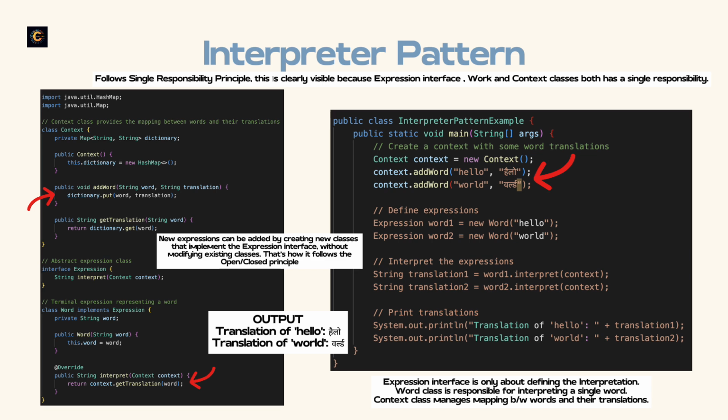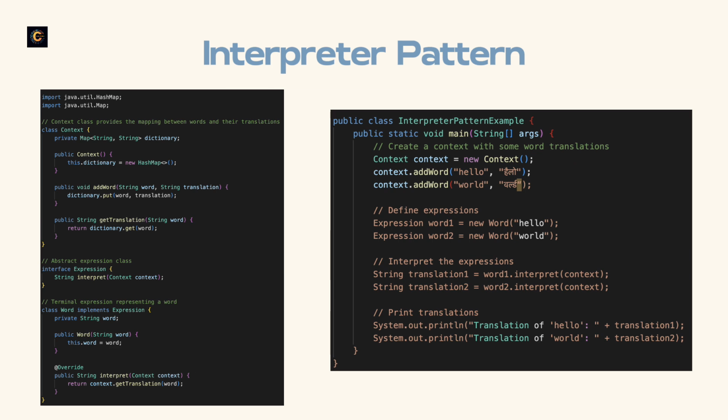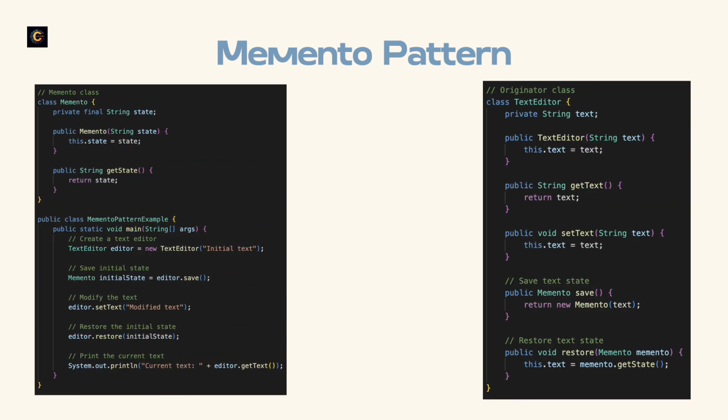I would suggest again to go through all the solid principles in general to grasp more understanding. Now, we will see the implementation of the Memento pattern to capture and restore object states. As per the code, we see a text editor class with getter setters which can save and restore the text.